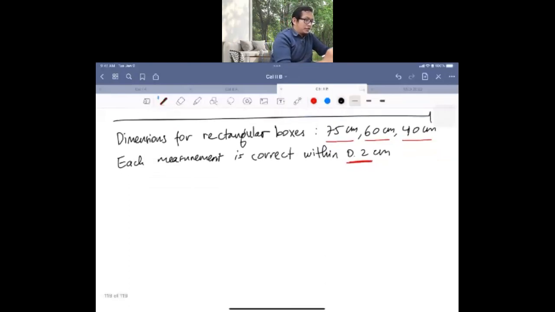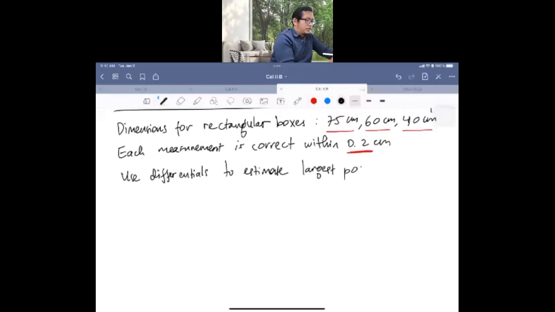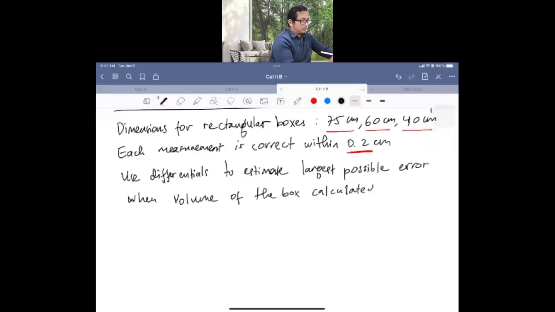Now the question is asking: use differentials to estimate the largest possible error when the volume of the box is calculated.